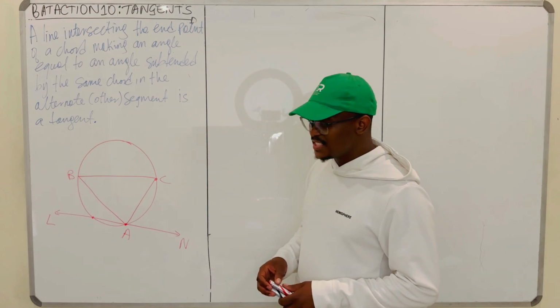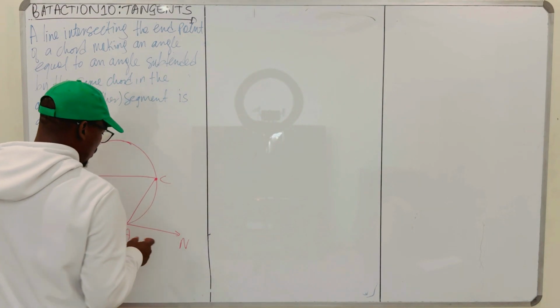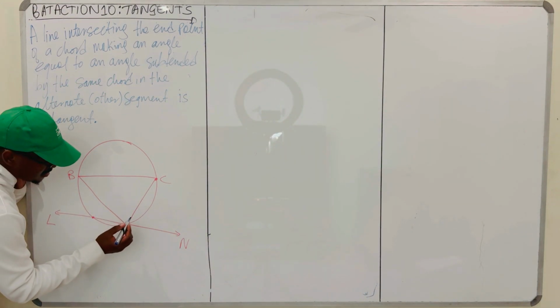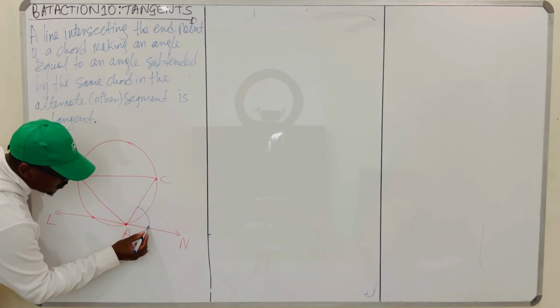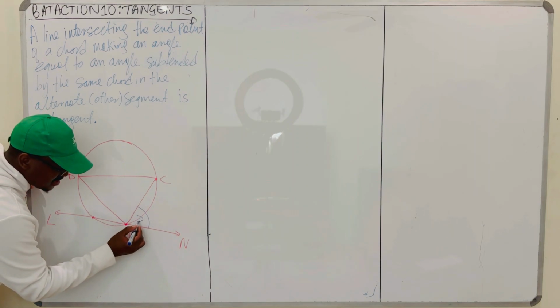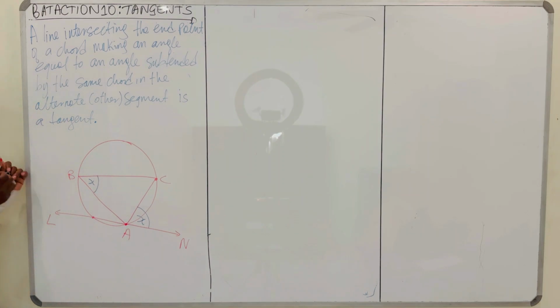Now, in this case, this is the converse. We're told that we have a line Ln, and that the angle between this line Ln and the chord AC, maybe, is equal to the angle in the alternate segment. So we have a line Ln. No one says it's a tangent. You can see it's not even a tangent, it's crossing twice.